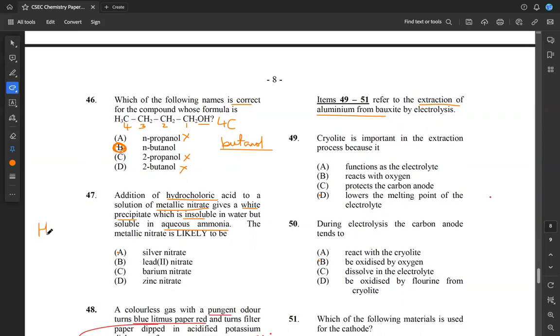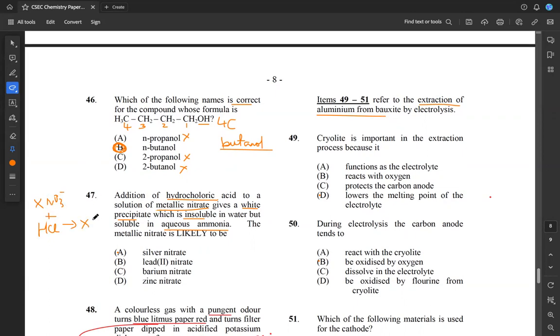So let's see. If we have HCl and a metallic nitrate, let's just say XNO3, right? That's our metallic nitrate. And we react that with HCl, so we're going to get an insoluble salt is what's going to happen.